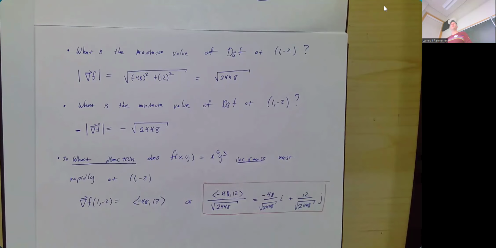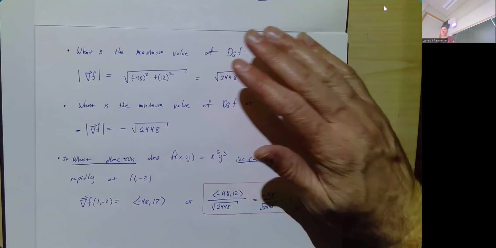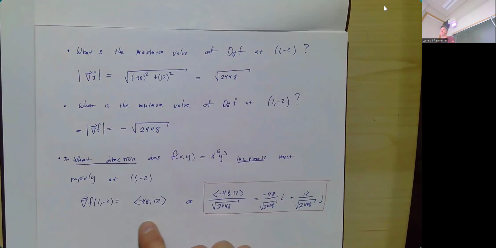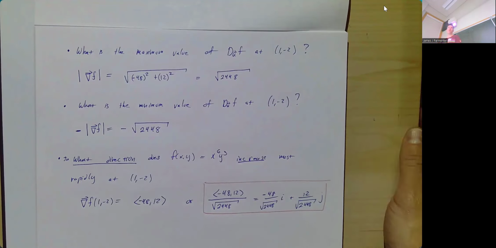I will quickly point out, what if they'd only asked us for the direction and they wanted it as a unit vector? Let's pretend we had done none of this work and all we knew was that we had to take this vector and normalize it. I don't really want to divide that vector by the square root of 48 squared plus 12 squared.